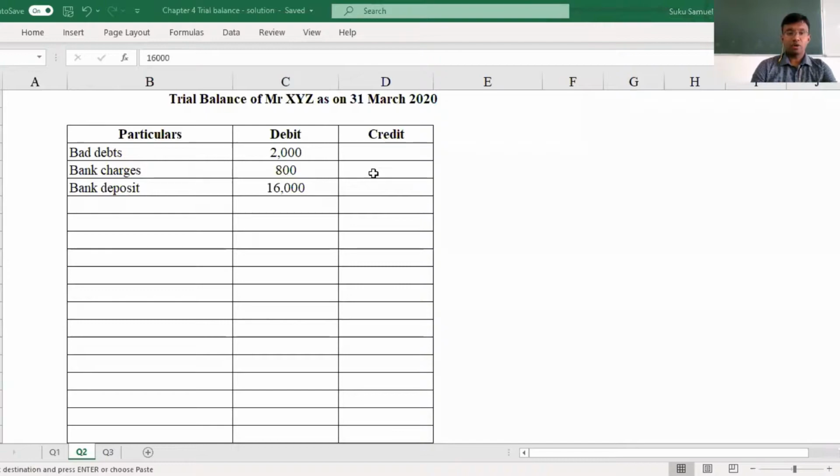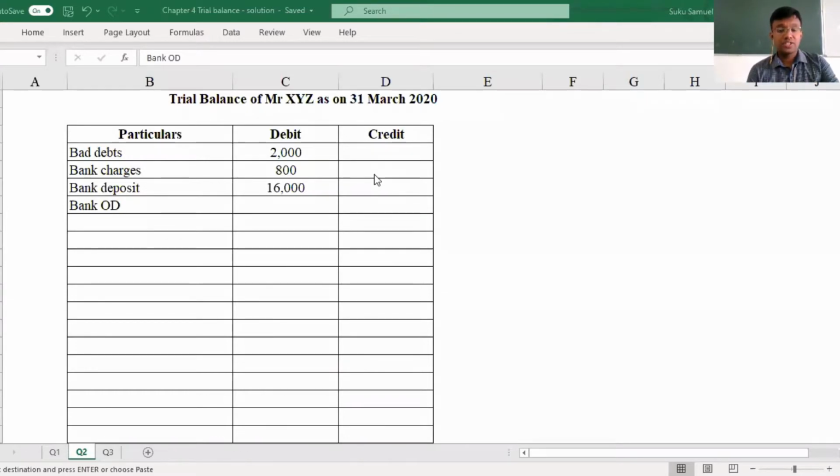Next we have what is called bank OD. OD stands for overdraft. What is overdraft? Overdraft is again a kind of instrument which is given by the bank, especially for businesses. When businesses do not have a sufficient amount of money in the bank, they can take a quick loan.